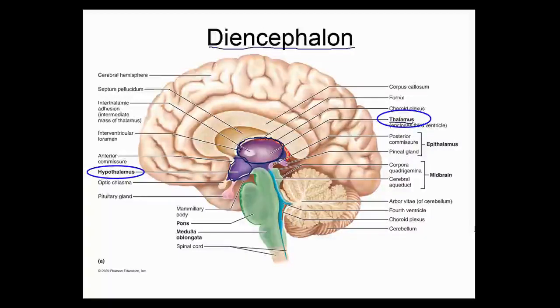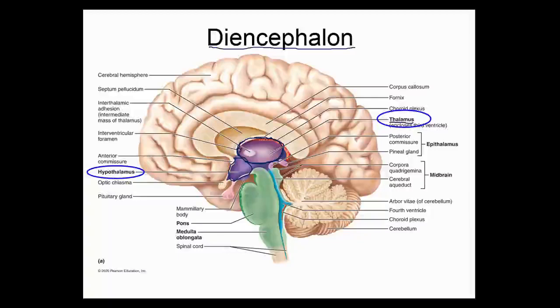The role of the thalamus is really an intermediary between some incoming signals in different parts of the brain. So this passes information to the cerebrum from the body and from other parts of the brain. We'll see there's different connections.